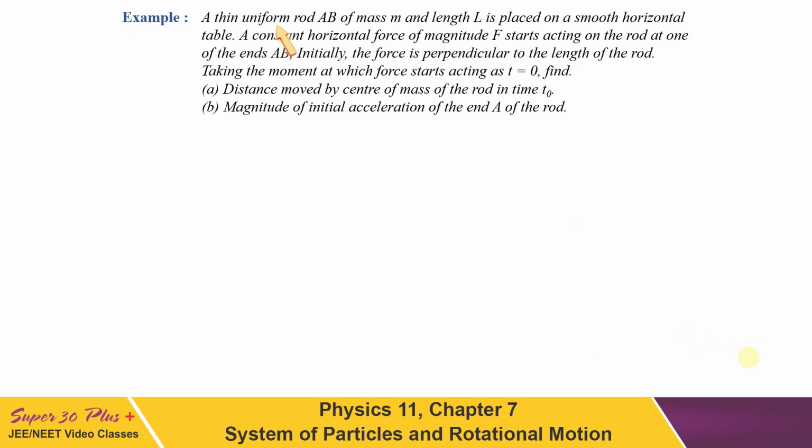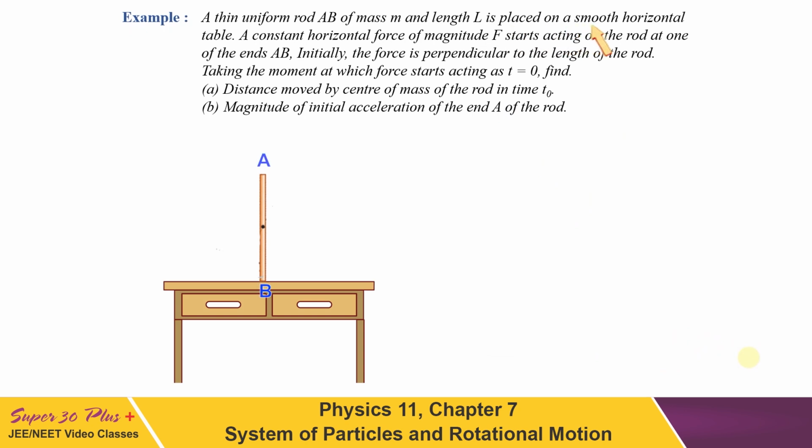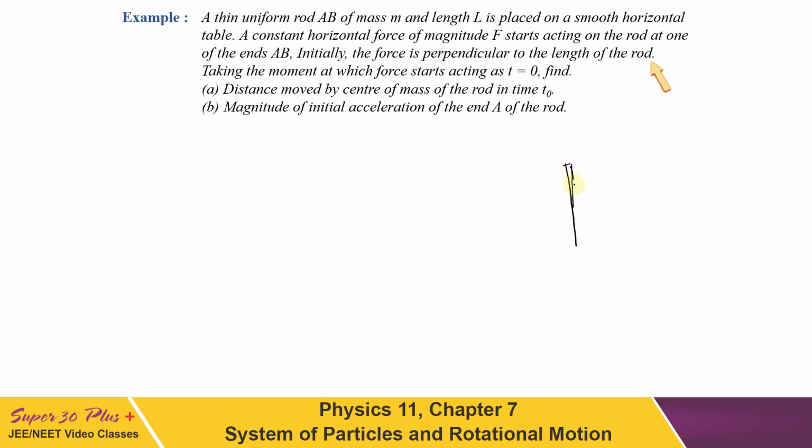A thin uniform rod AB of mass M and length L is placed on a smooth horizontal table. A constant horizontal force of magnitude F starts acting on the rod at one of the ends. Initially, the force is perpendicular to the length of the rod. So the rod has to be put on the table like this, vertically.